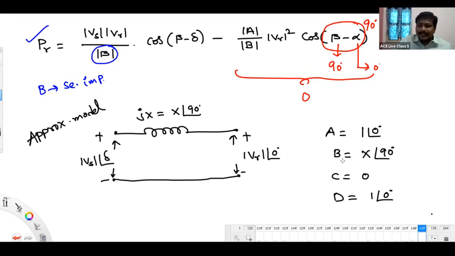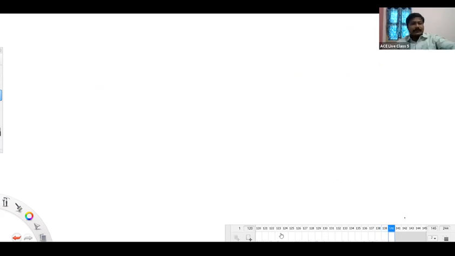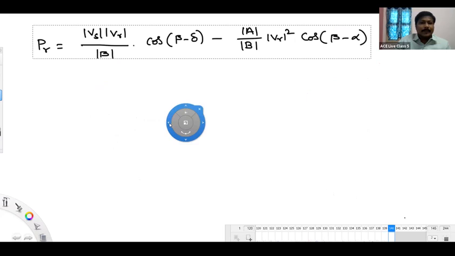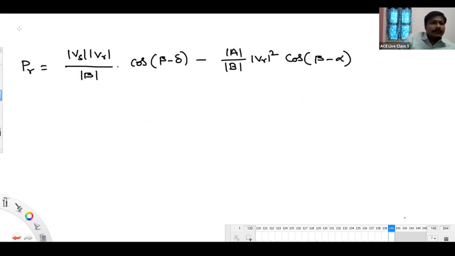Now, after getting this ABCD, I will go with the real power equation PR. Let's see this. This is the real power equation.